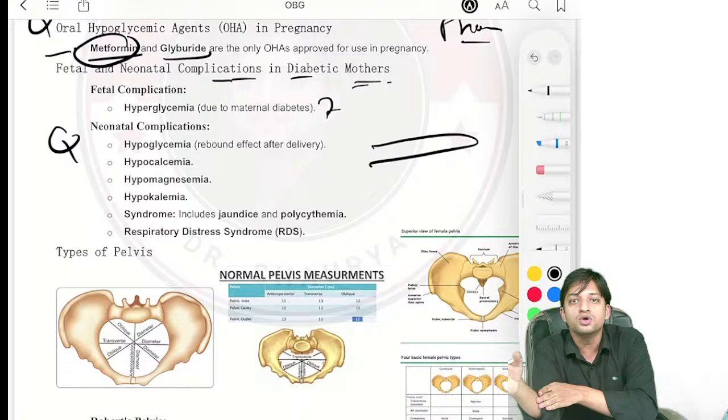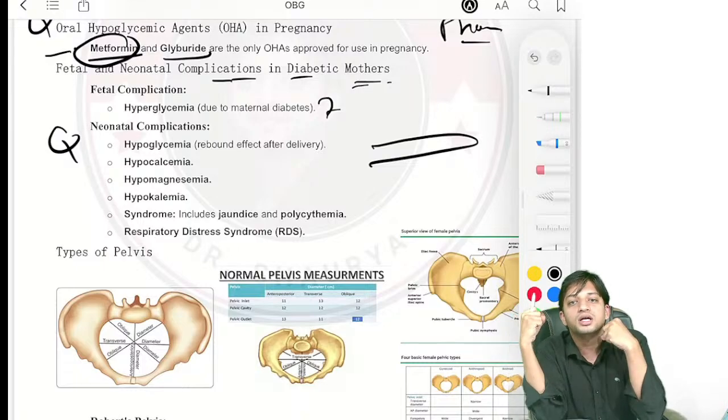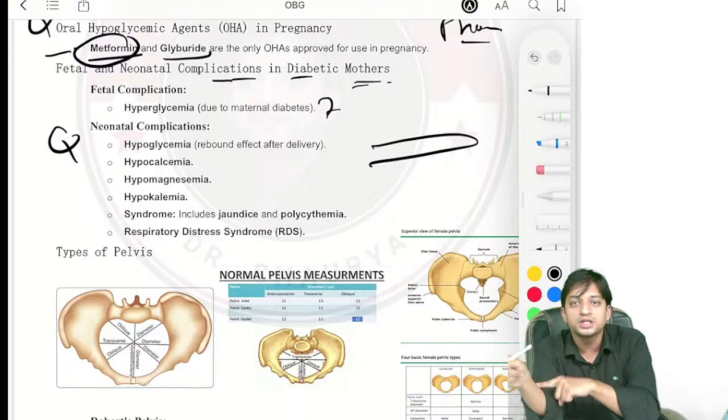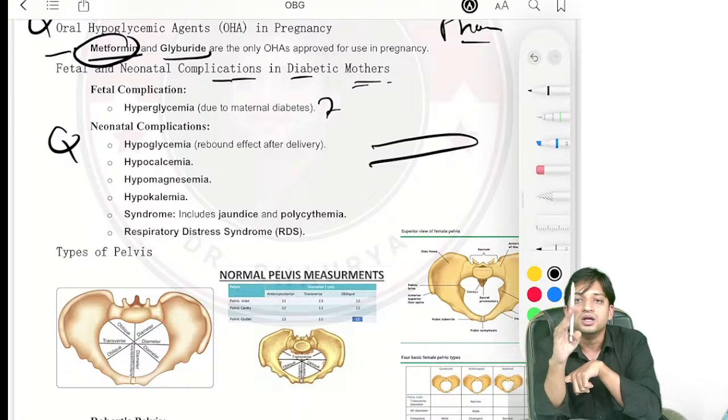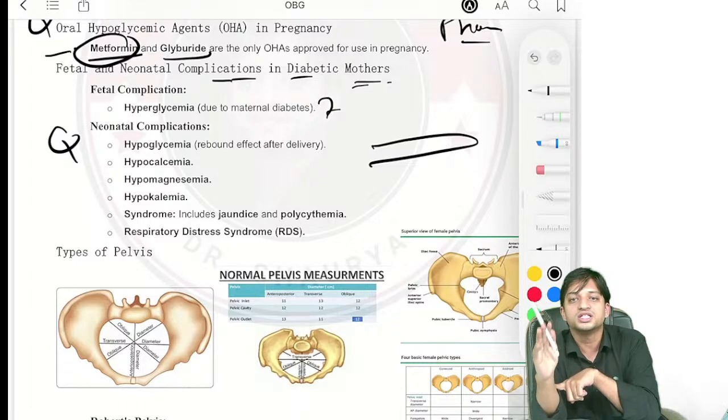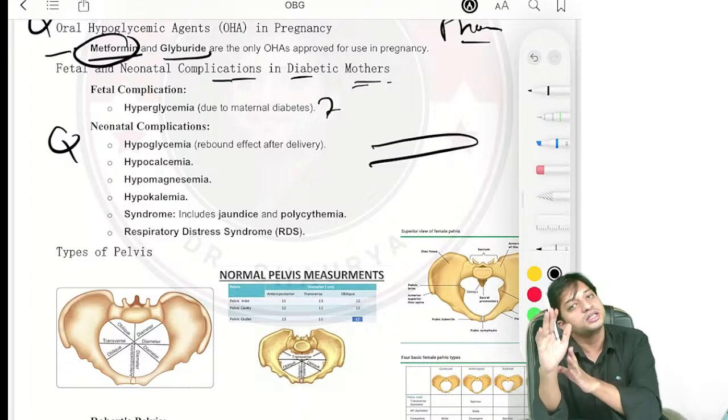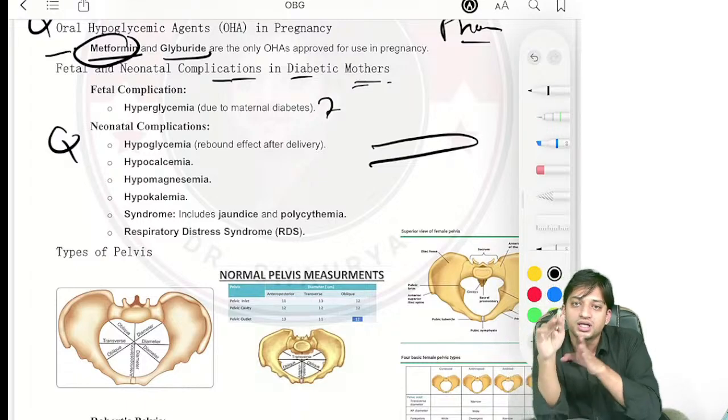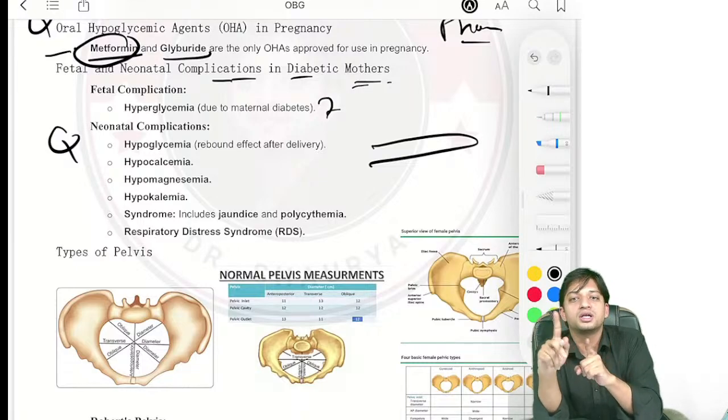After coming out as a neonate, the pancreas and beta cells will again stimulate and secrete large amounts of insulin, and due to this there will be neonatal hypoglycemia. Gradually the child will adjust, but in the initial stages he will suffer from neonatal hypoglycemia.